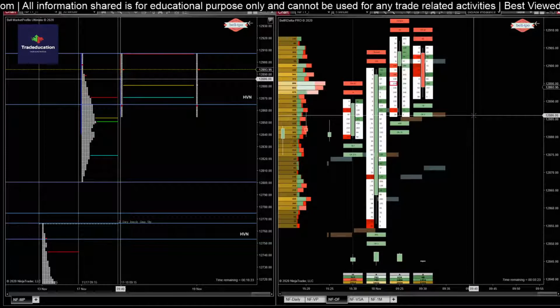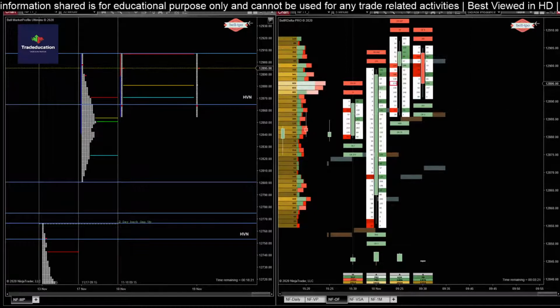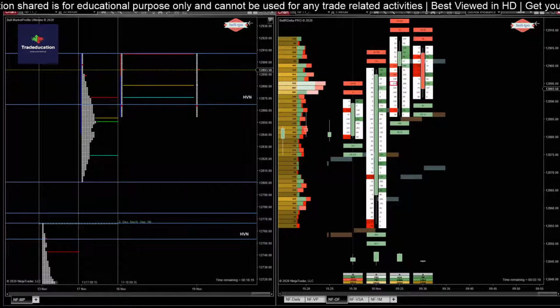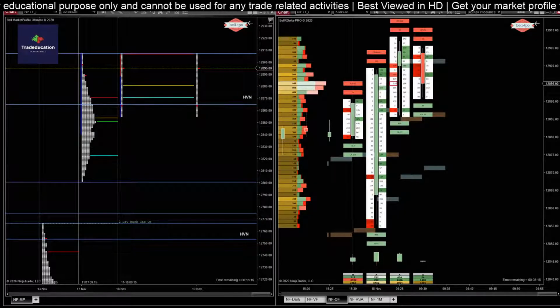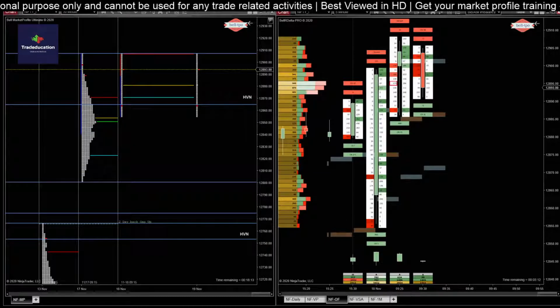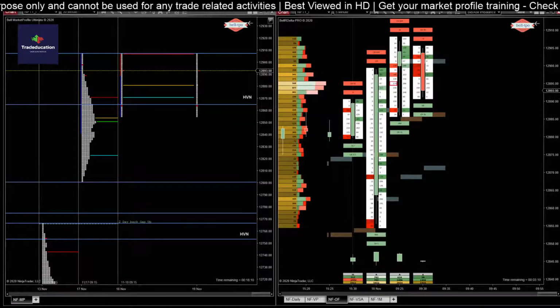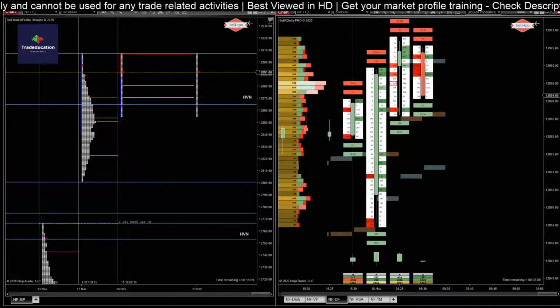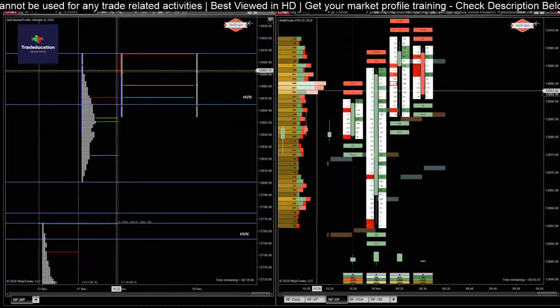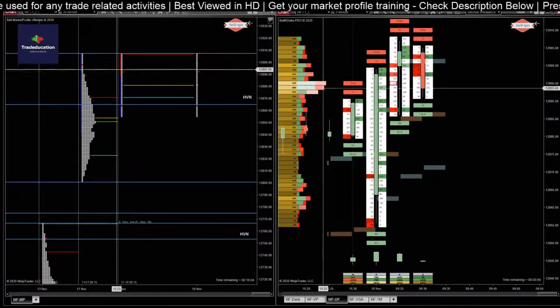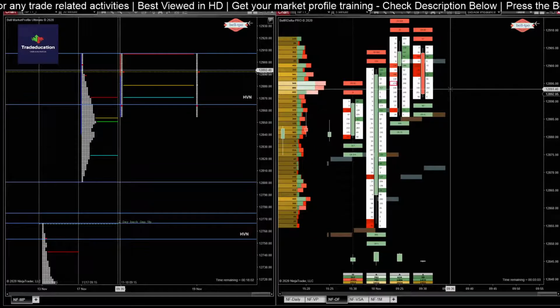So let it tag the VWAP, let it test the VWAP. We need to see whether there is continuation or not. There is lack of continuation from buyers. Now sellers are stepping in, and these are the three support zones from the order flow chart where the auction has just halted.